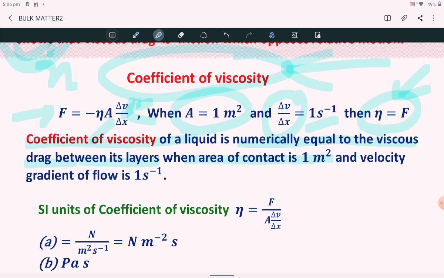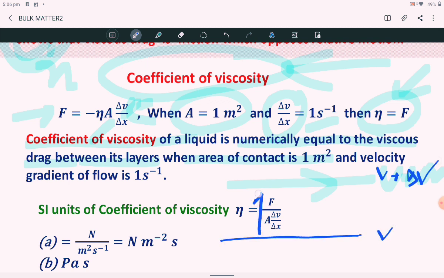So when the two layers are in motion, let us suppose that the upper layer is moving very fast. Here it is v plus del v, and the lower layer is having velocity v. The distance between them is del x.